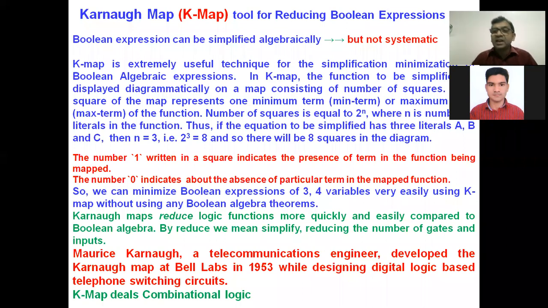In combinational logic, there will be a number of inputs but only one output. But in sequential logic, there will be a number of inputs and a number of outputs. So this K-map is used only for combinational logic, that is, a logic circuit which has more inputs but only one output.